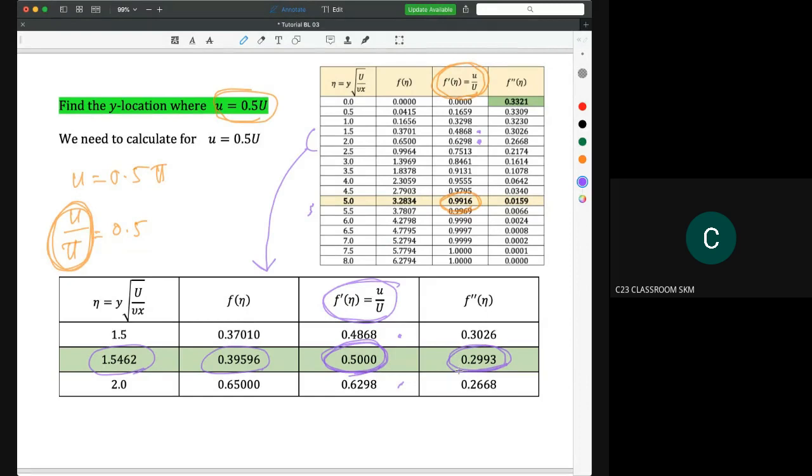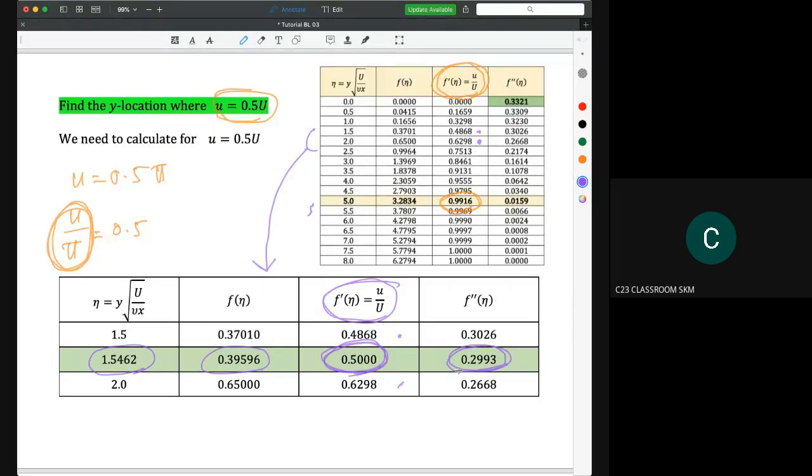In this situation, please use at least 4 or 5 decimals because it will help you get a very precise answer. Because in boundary layer, if we calculate the thickness of the boundary layer, sometimes the unit is very small, maybe in millimeters.